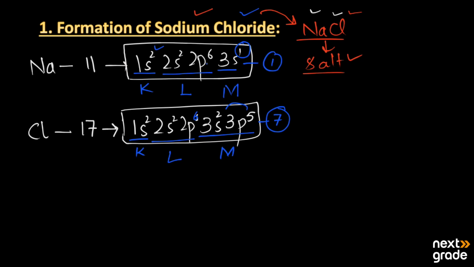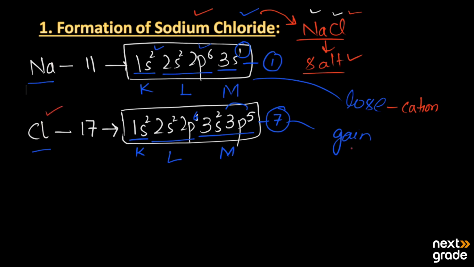To gain the octet, sodium will lose that electron, and chlorine will gain an electron to complete its octet. When sodium loses an electron, it changes into a cation, and when chlorine gains an electron, it changes into an anion. So the ions formed will be sodium positive and chlorine negative.